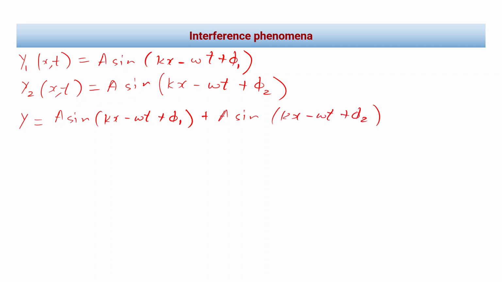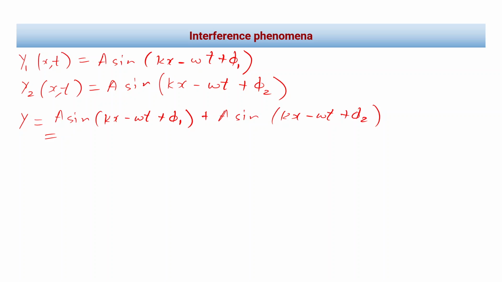Plus phi 2, and using the trigonometric identity, we know 2a sin x plus y cos x minus y, that kind of identity is there.